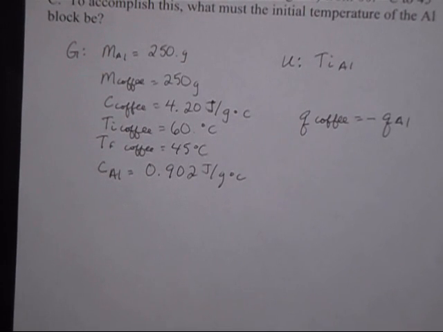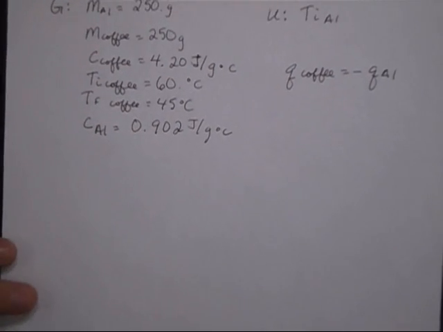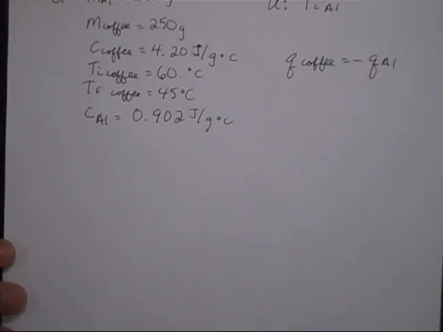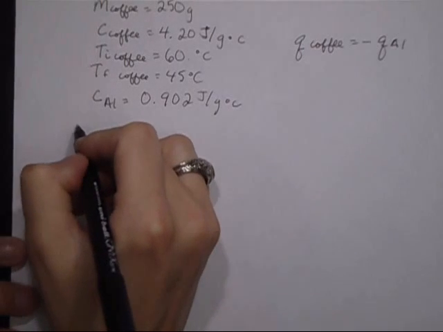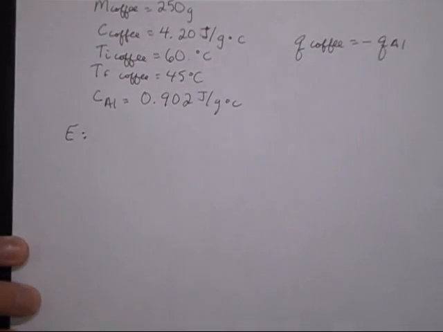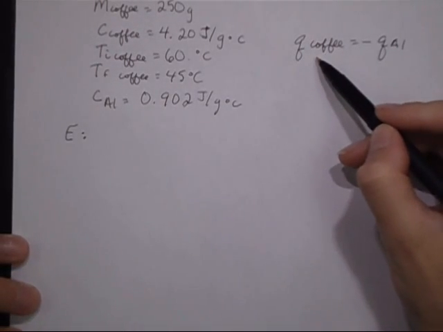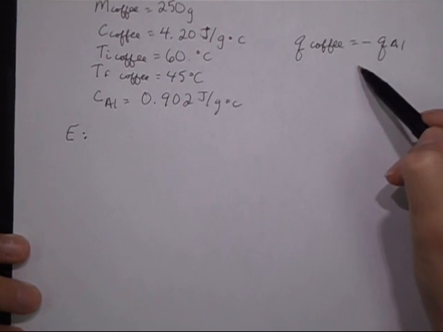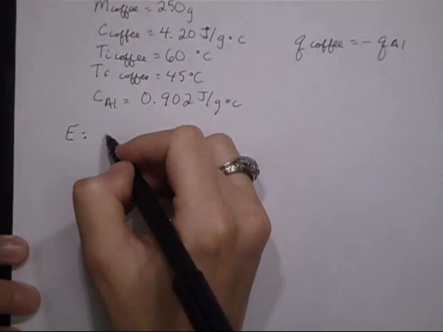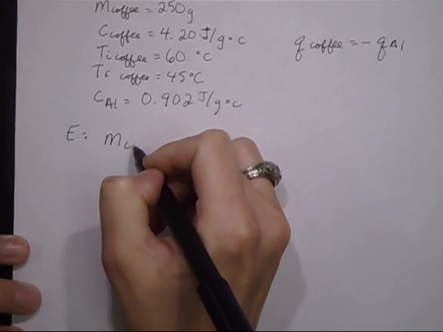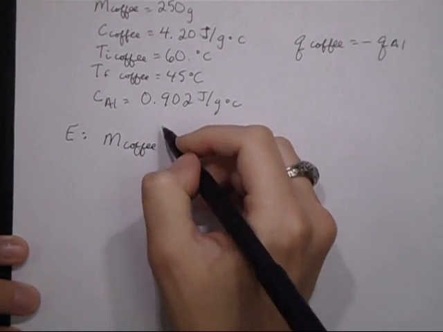Heat from one is going into the other. Alrighty. The easiest way to set this up is actually to set up two equations right next to each other, because Q equals MC delta T for the coffee has to be equal to Q equals MC delta T for the aluminum.